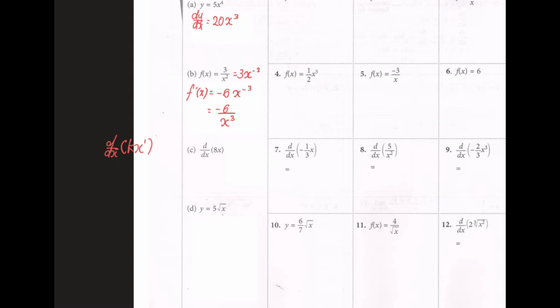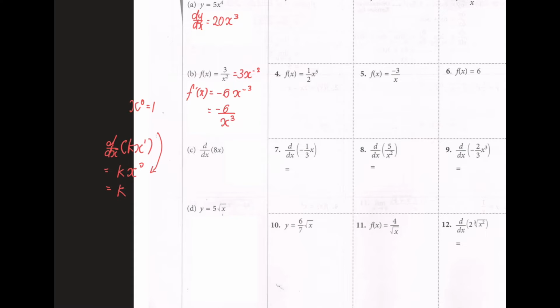When you differentiate, first step, power 1, bring in front and multiply. 1 times k is still k. Second step, the power, you minus 1. 1 minus 1 is 0. And we have to know that x to the power of 0 is equal to 1. Because of that, k is the final answer.